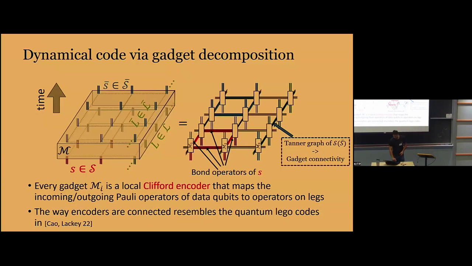So that's how the construction will work. And if you know about quantum Lego codes, this way of connecting gadgets together might be a reminiscent of how the Legos are connected for building static stabilizer codes.